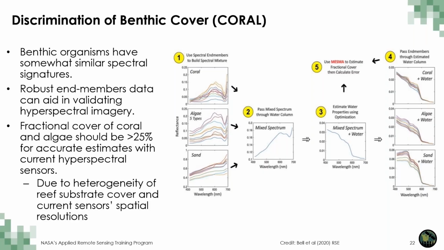In a recent paper by Tom Bell and colleagues, including some of the co-authors of the Coral team, they simulated the ability of a spaceborne hyperspectral sensor to accurately map the fractional cover of coral reef benthic classes under different water quality conditions and depths using a semi-analytical process, the Hydrolight radiative transfer model, and a multiple end-member spectral mixture analysis, or MESMA, to estimate cover.